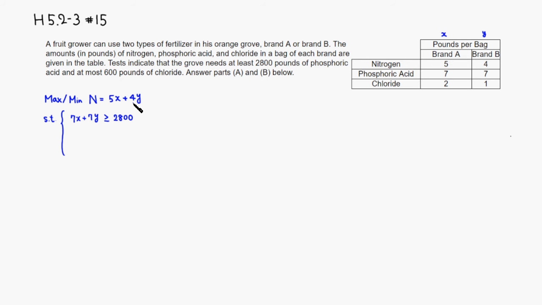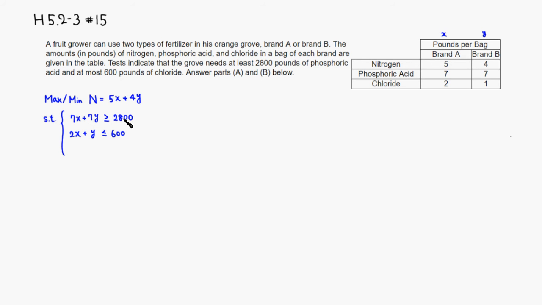And the other requirement is chloride is at most 600 pounds. So the amount of chloride is 2X plus Y, and this has to be less than or equal to 600.